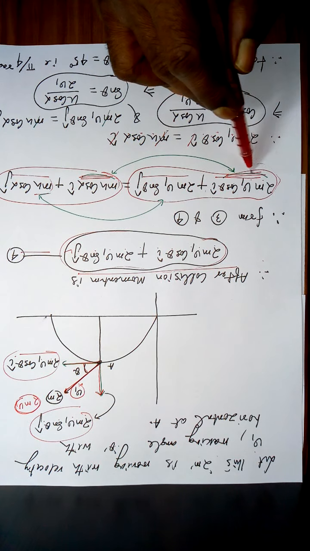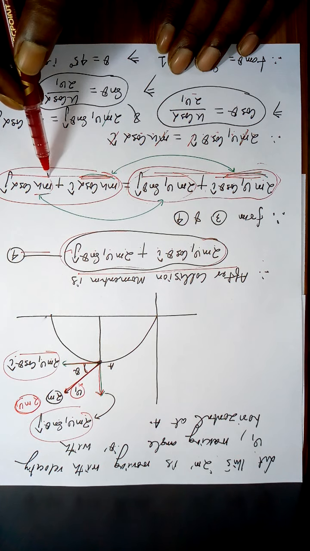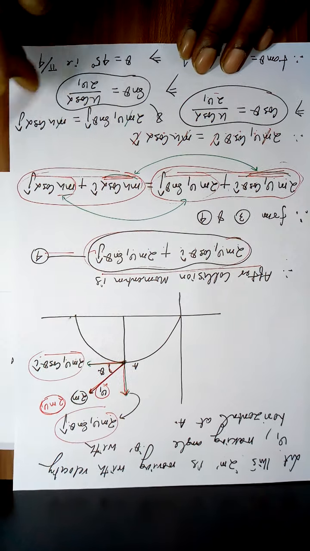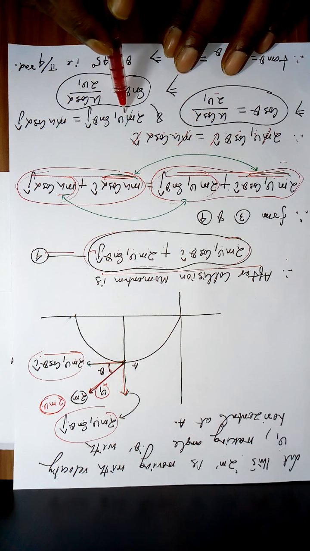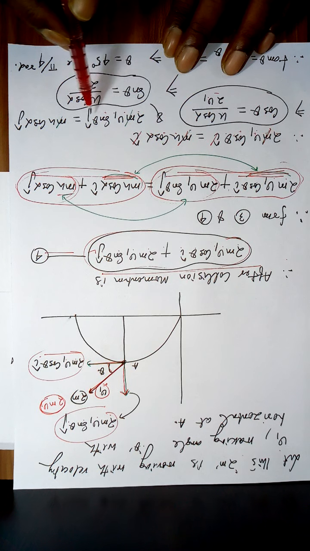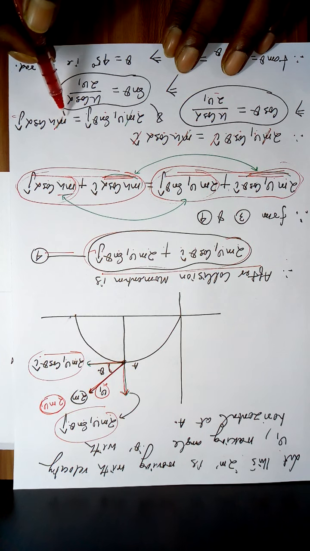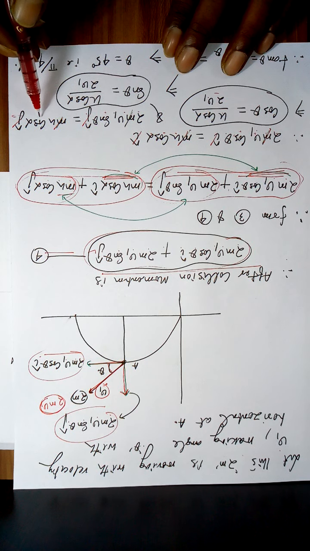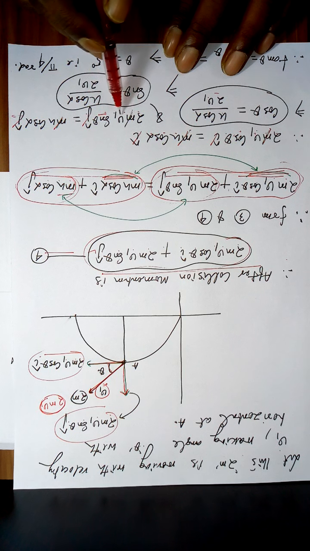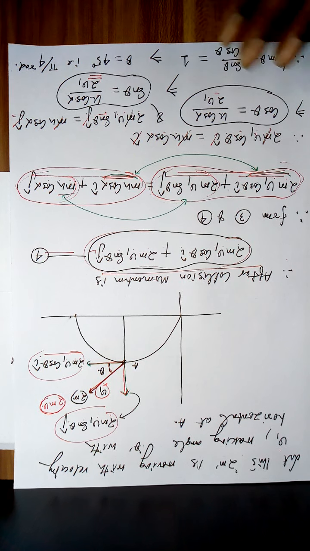So 2m v1 sin theta j cap is equal to m u cos alpha j cap. m cancels, j cancels. So I am left with sin theta on this side, and I take 2v1 to the other side, so it becomes u cos alpha over 2v1.